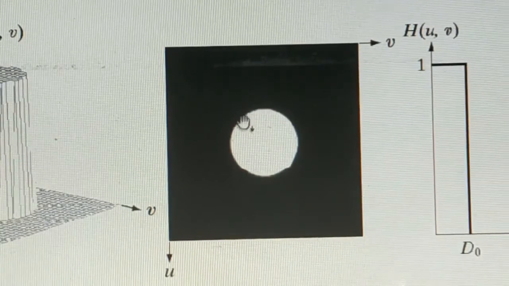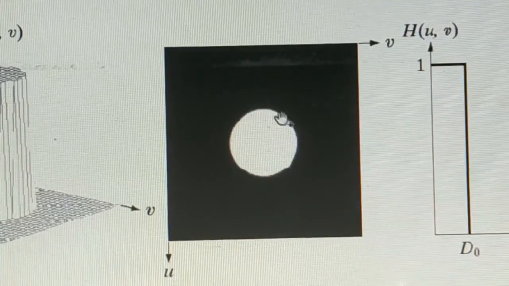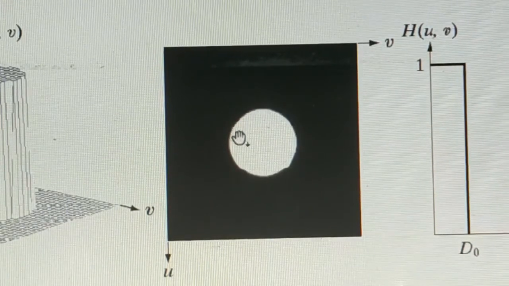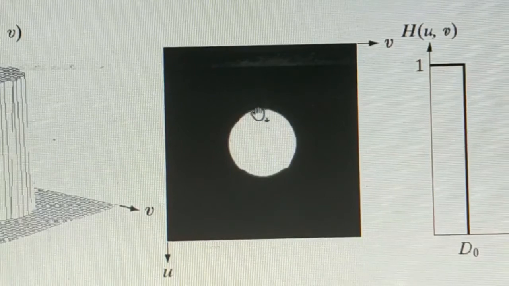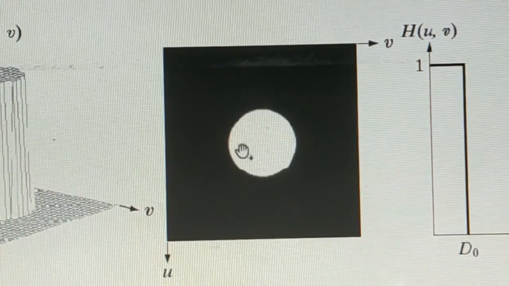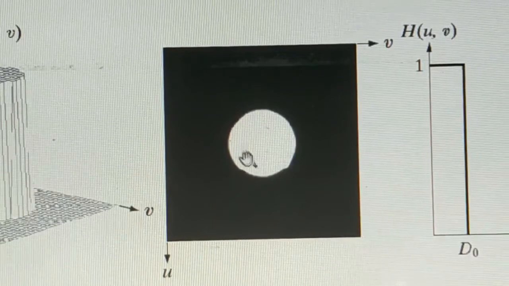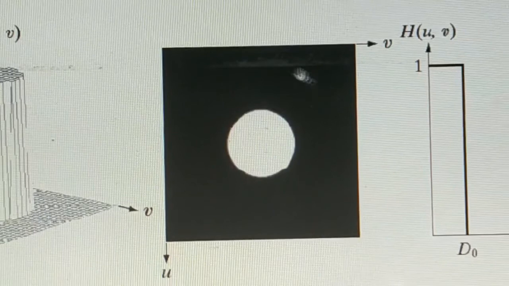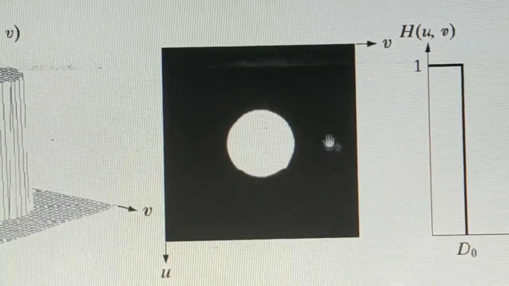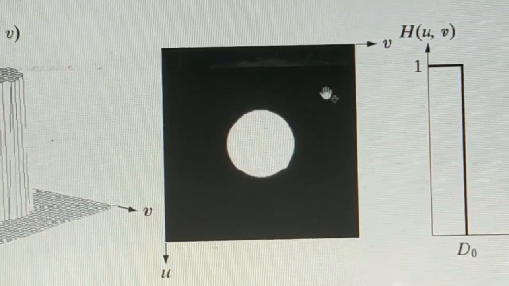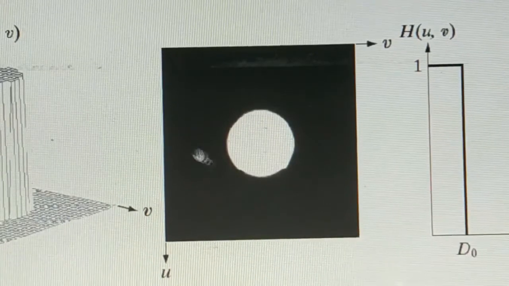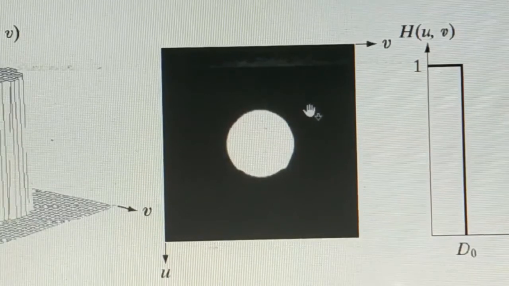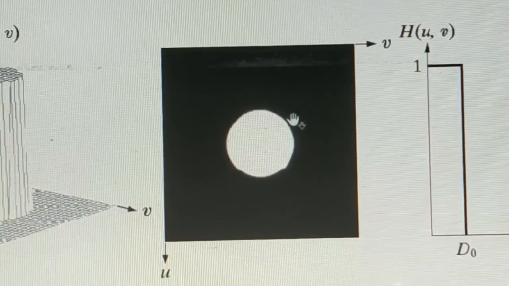Within this white region we have all the values of (u,v) for which D(u,v) is less than d0, so this comprises the pass band of the ideal low pass filter. All the region appearing black in this image plot of H(u,v) comprises the stop band of the ideal low pass filter. So the transition from pass band to stop band is very sharp.